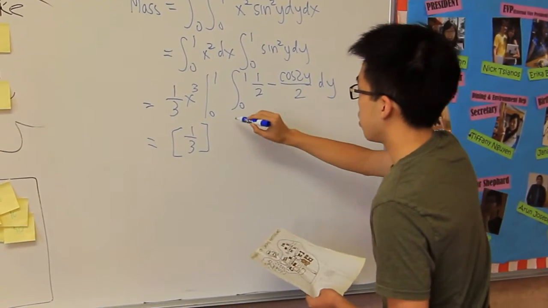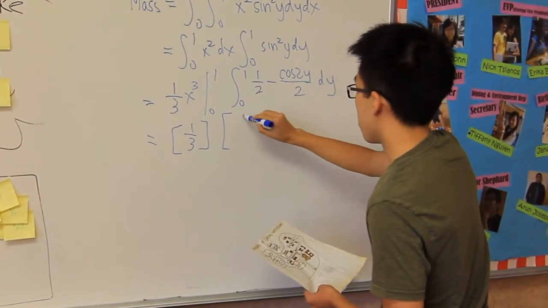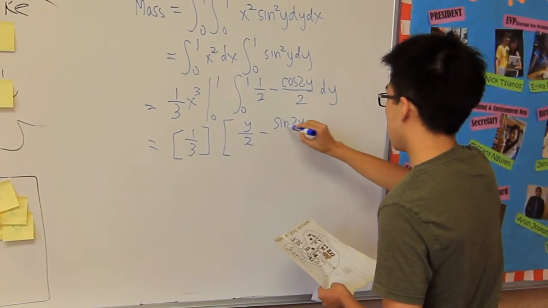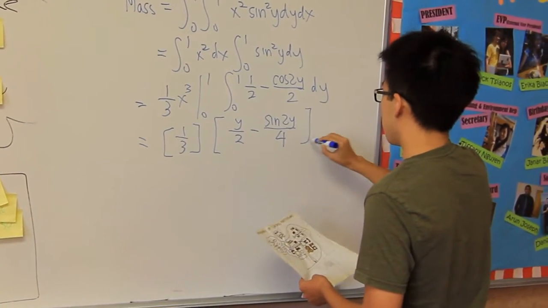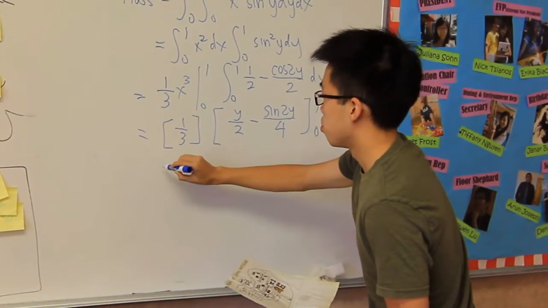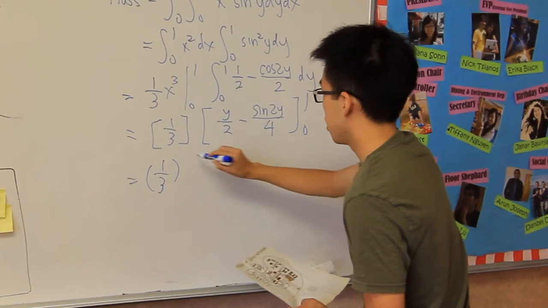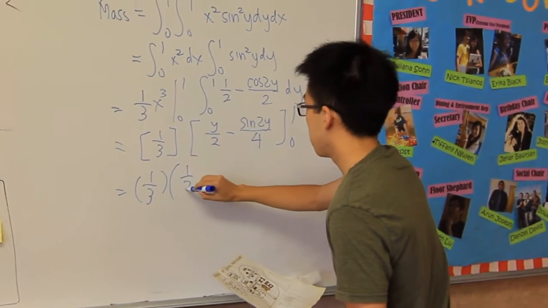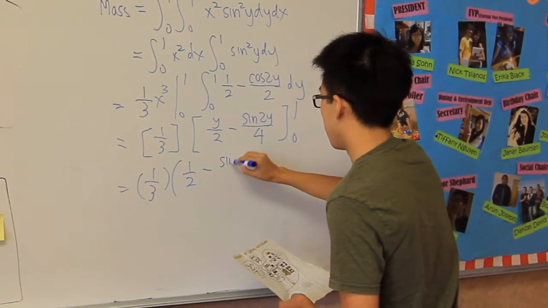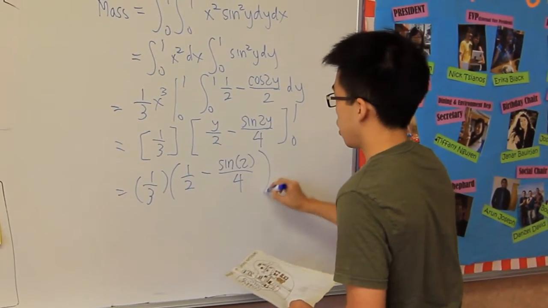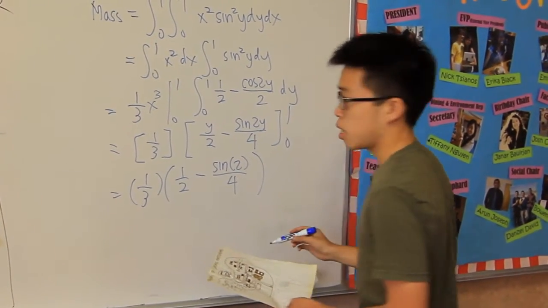This part becomes y over 2 minus sine 2y over 4 from 0 to 1. It becomes 1/3, and this part is just 1/2 minus sine of 2 over 4. And that should be the mass.